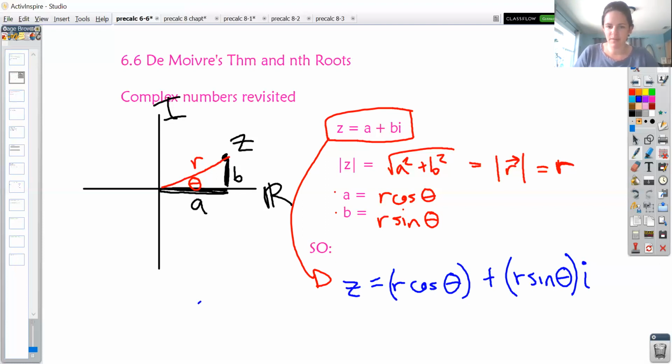So a and b would be the rectangular way to describe the complex number, but r and theta would be the polar way or the trig way to describe it. And so this, z equals r cos theta plus r sine theta times i, is the trig form of a complex number. We can make that look a little bit prettier.